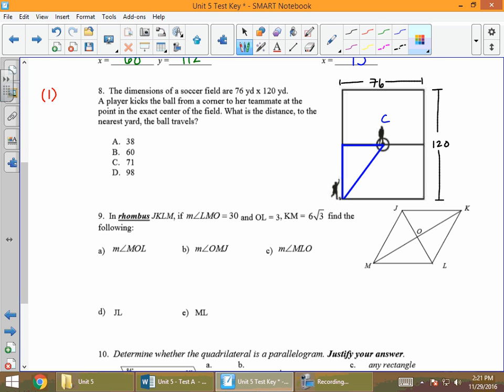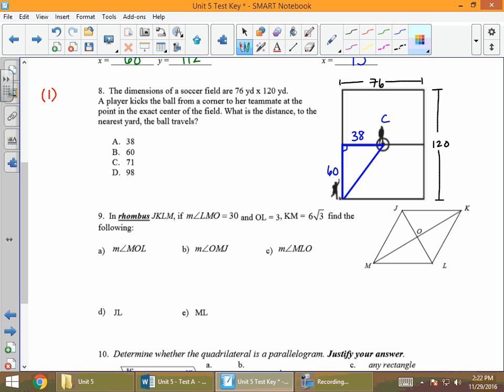In the center of the field. So the whole length is 120 yards. And this person's in the center, so that means this side is 60 yards. I have a right angle. And if the whole width is 76, then being in the center means you're halfway there, which is 38.